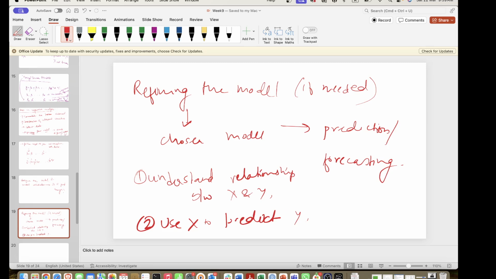So this was a generic overview of linear models.